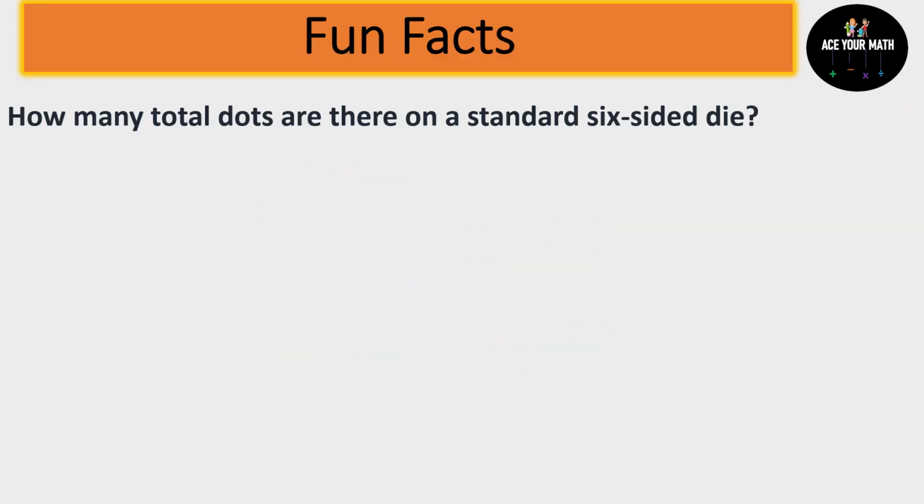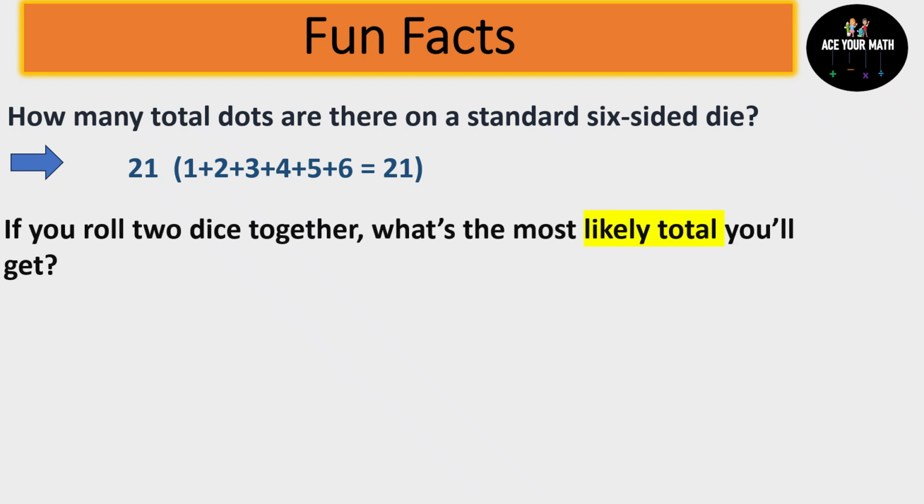Now let's see some interesting questions. See, how many total dots are there on a standard six-sided die? You must have rolled a die many times, but have you ever noticed? See, the answer is 21. If you add up all six numbers, you will get 21. Now see one more interesting question. If you roll two dice together, what is the most likely total you will get? See, the answer is 7.